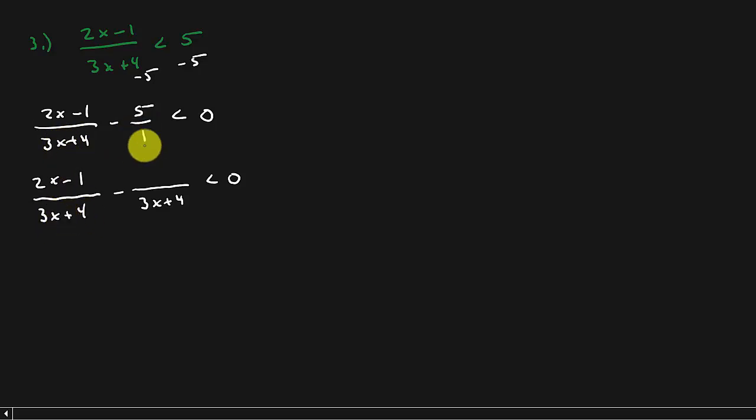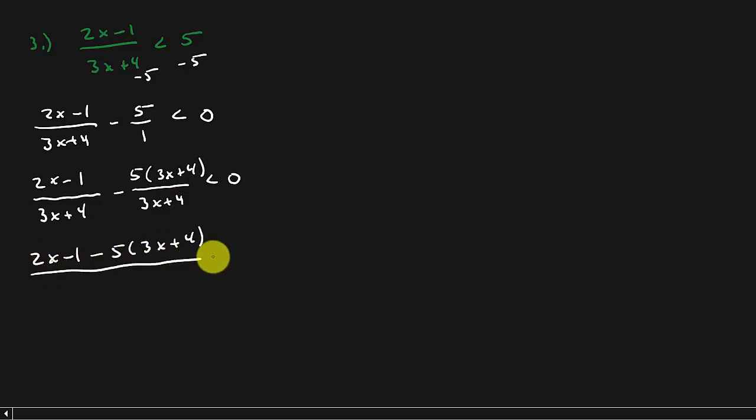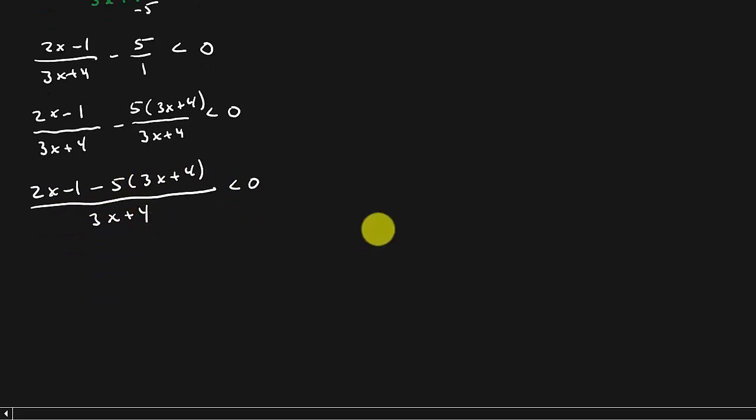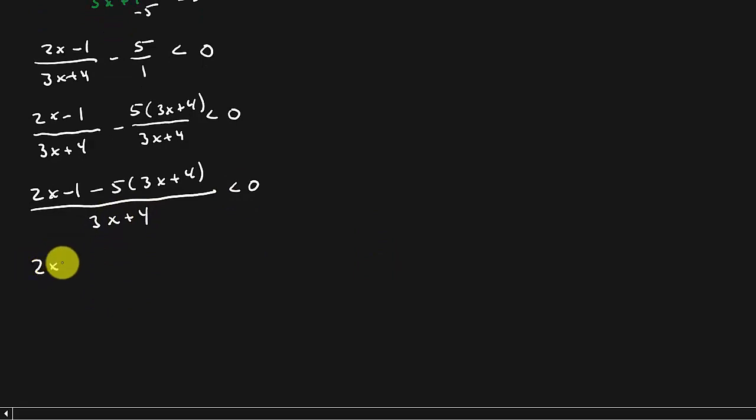So what do I multiply this denominator by to get this one? Well, I have to multiply this by 3x plus 4. So I've got 5 times 3x plus 4. And so this is going to give me 2x minus 1 minus 5 times 3x plus 4 over 3x plus 4 is less than 0. So now I've got 2x minus 1 minus 15x minus 20 over 3x plus 4 is less than 0.